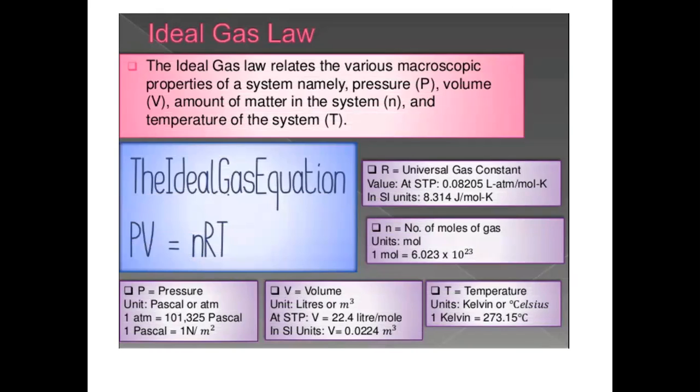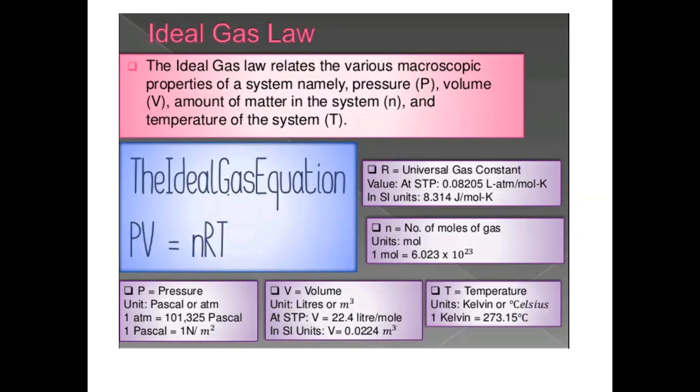Here, P is the pressure whose unit is Pascal or atmosphere, already discussed with you, and V is volume, which must be in liters or meter cube, and n is the number of moles of gas whose unit is mole, and 1 mole is equal to 6.023 into 10 raised to 23 particles, ions or molecules.